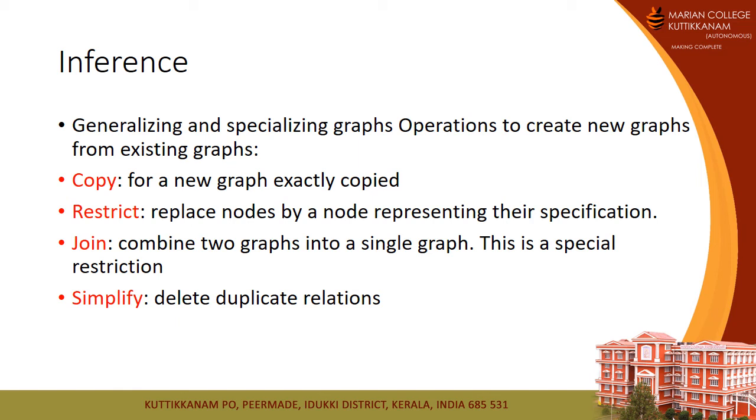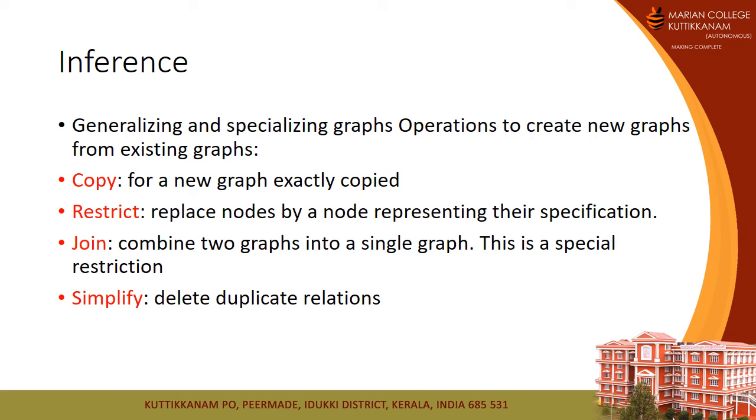The basic inference rules are as follows. The first one is copy, which produces a duplicate copy of the conceptual graph. Second is restrict, which modifies a graph by replacing the type label of a concept with a subtype, a specialization from generic to individual.